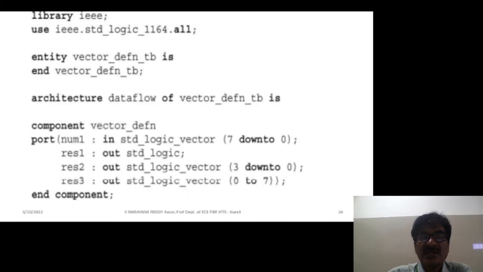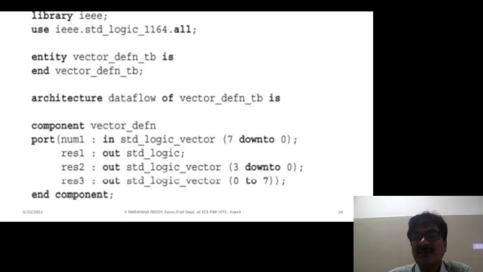In the architecture, you need to define all the ports you have in the main program entity, declared as signals, and the entity part of the main program will be declared as a component.